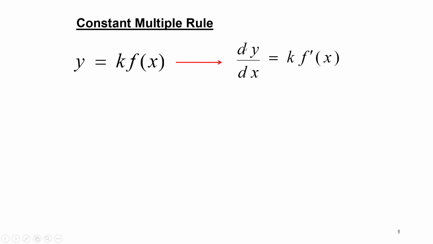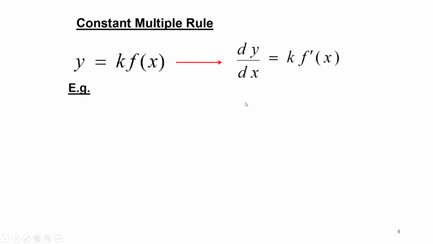So if you are finding dy over dx, that means if you are differentiating y with respect to x, then this constant here is going to get multiplied to the differential. So that means you are only going to differentiate this function here, f of x. So if you differentiate this f of x, you'll get a result, and whatever result you have, you are going to basically multiply by the constant that you are given.